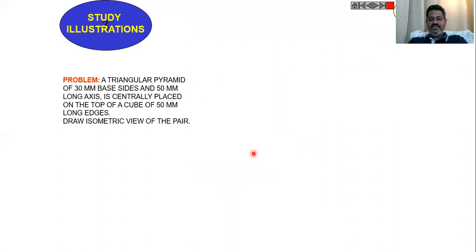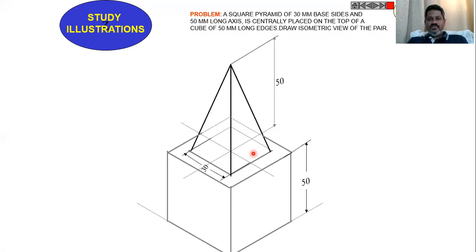So this will be the isometric view of the cube and the pyramid, with the square pyramid located centrally on the cube. The side of the pyramid is 30 mm and the height is 50 mm.